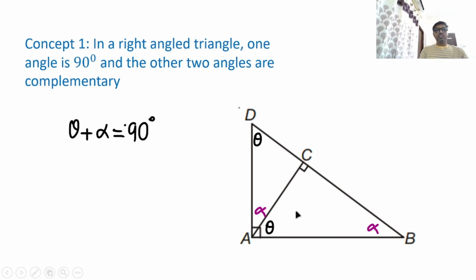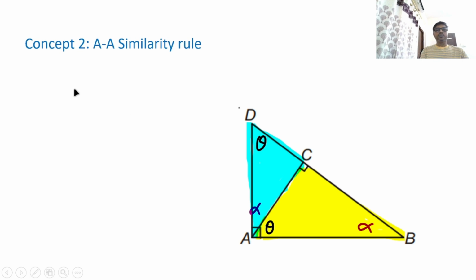Now let us go to the next concept, concept 2, and this is angle similarity. So let us look at these two right angle triangles. One is shaded yellow and the other one is shaded blue. Now I want to prove that these two triangles are similar according to this rule, angle similarity. Look at this triangle ABC: in that this is theta, and in ACD there is one angle theta.